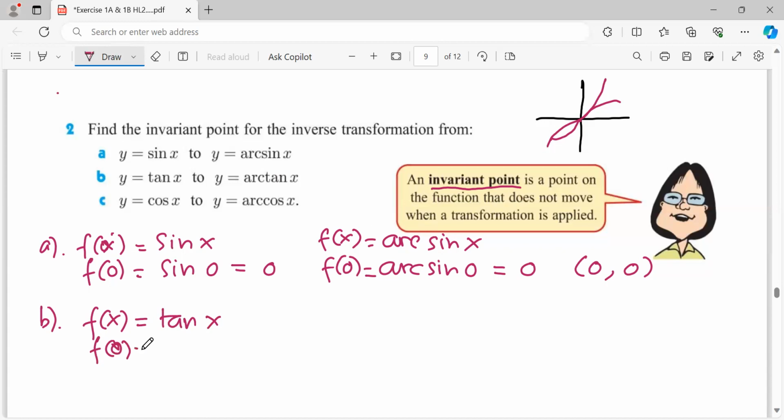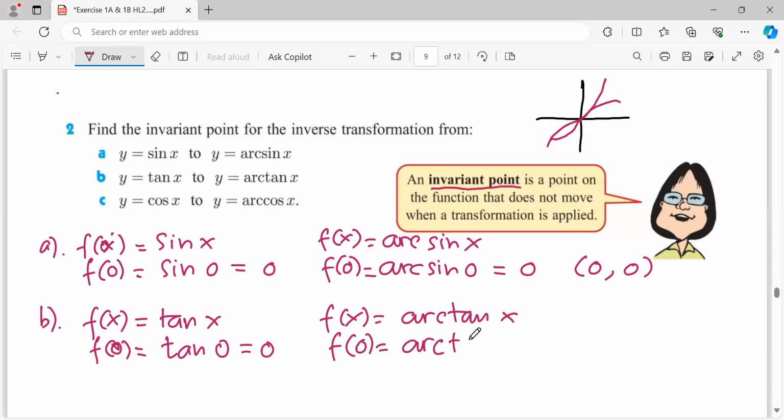If x equals 0, tangent 0 equals 0. How about arctangent? If f of x equals arctangent x, f of 0 equals arctangent 0, and the outcome equals 0. So the invariant point is 0, 0.